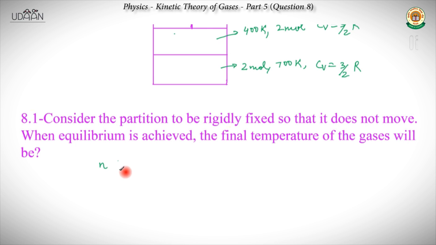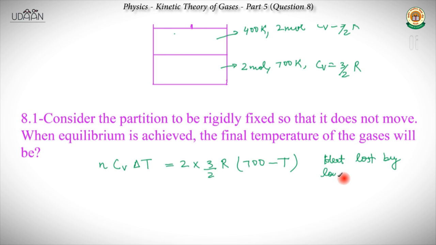Right. Therefore nCv delta T would be equal to 2 into Cv is 3 by 2R whole into 700 minus T. Right. Now this is the heat lost by the lower compartment.